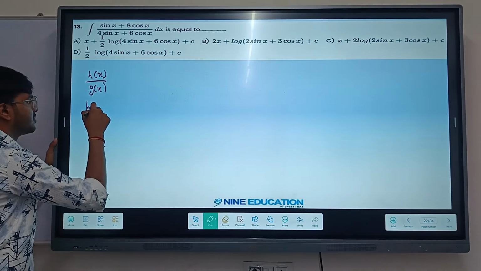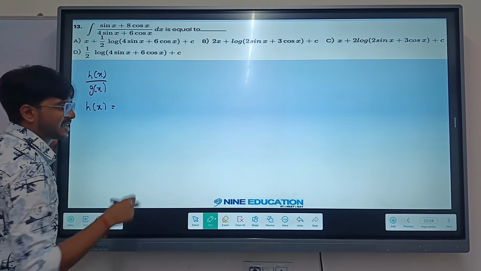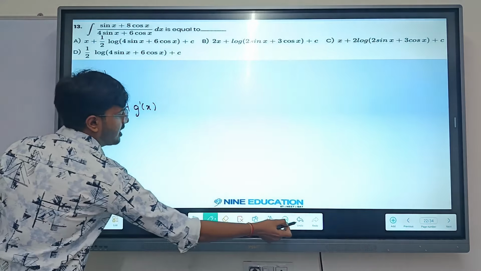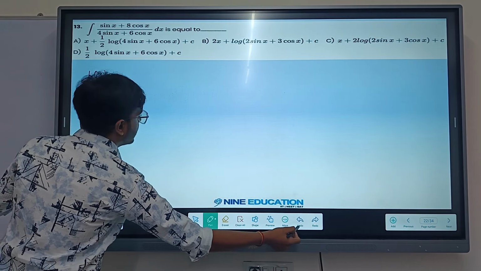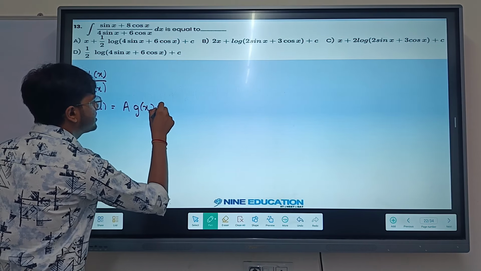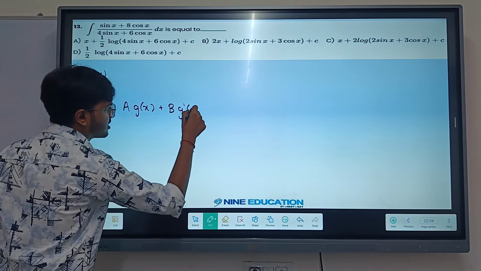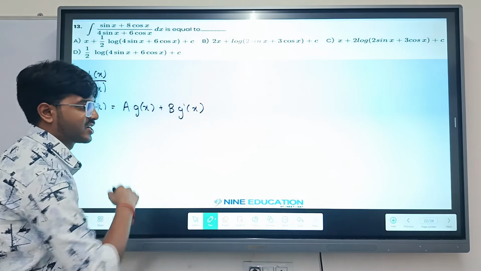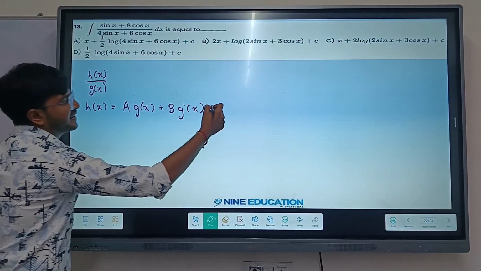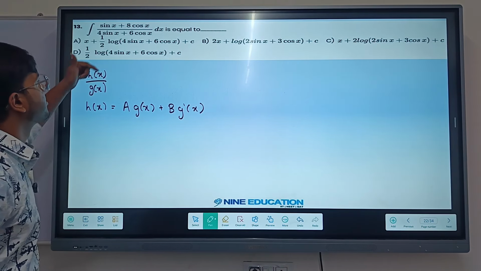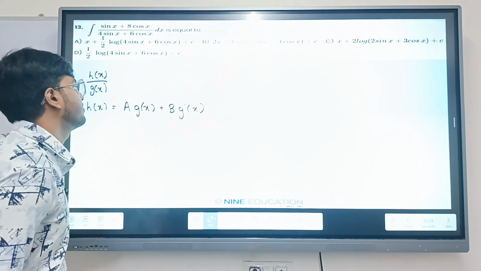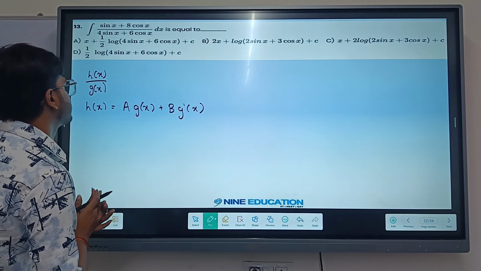Basically what I need to do is write h of x as a g of x plus b g dash x. We can take a plus c as well, but here if you notice both numerator and denominator do not have constants, so I don't need to take a plus c. These types of questions are solved using this only.